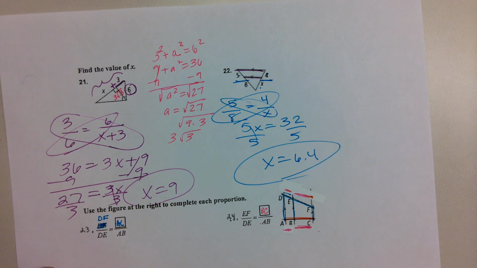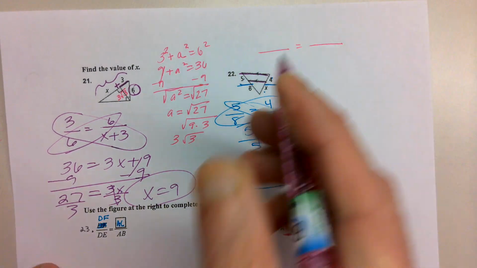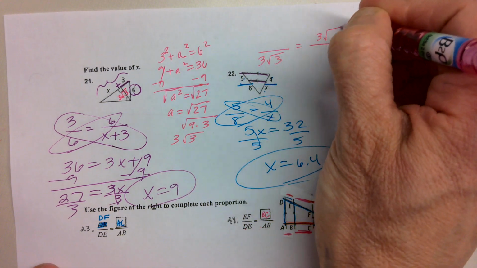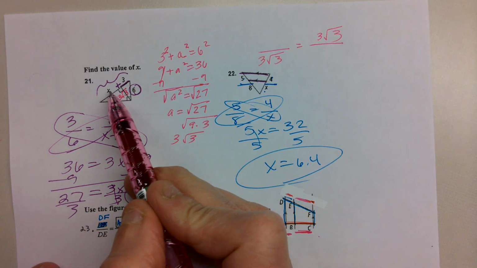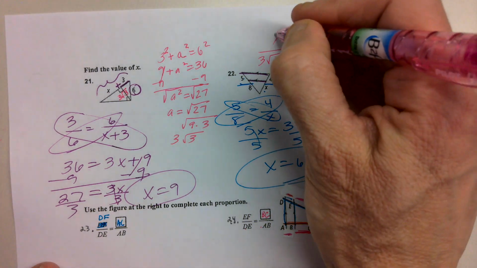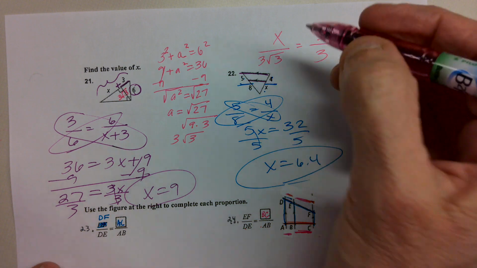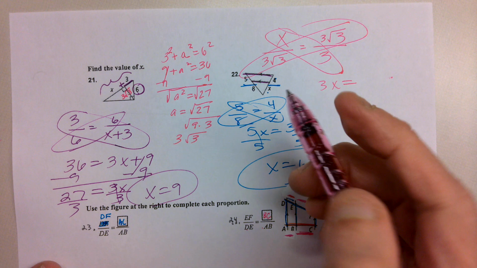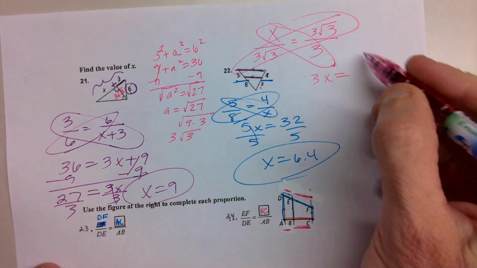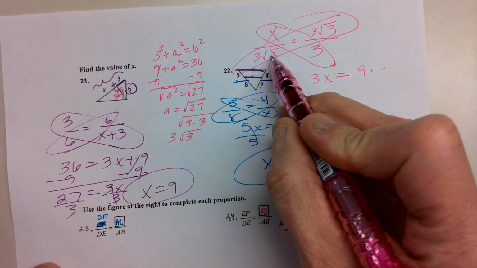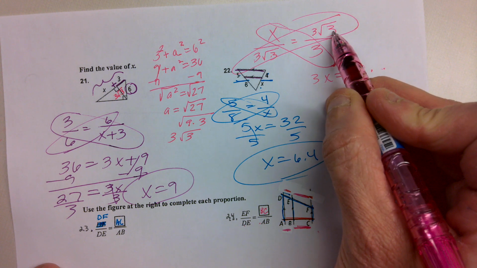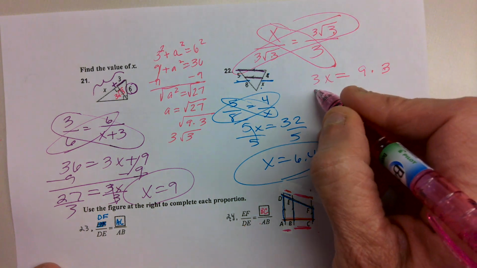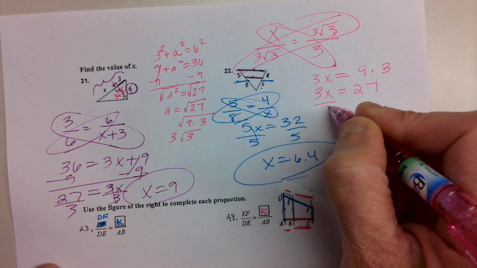3 root 3 is that. So now we can do geometric mean. That's my geometric mean. 3 root 3, 3 root 3. And then my two sides are x and 3. Multiply. 3x equals 3 times 3 is 9 times square root of 3 times square root of 3 is square root of 9, which is 3. 3x equals 27.